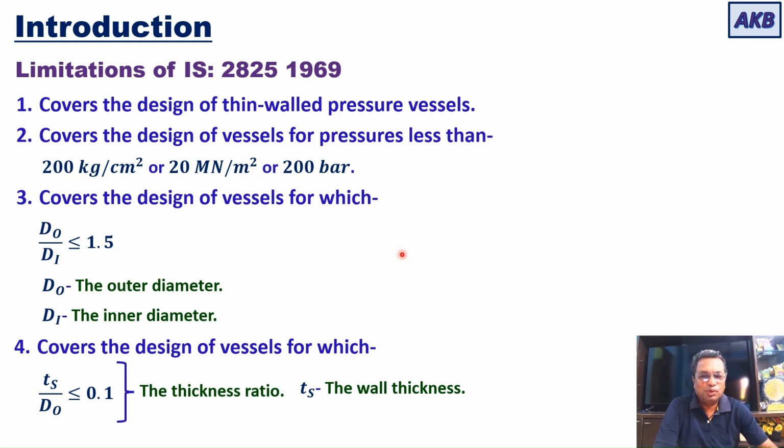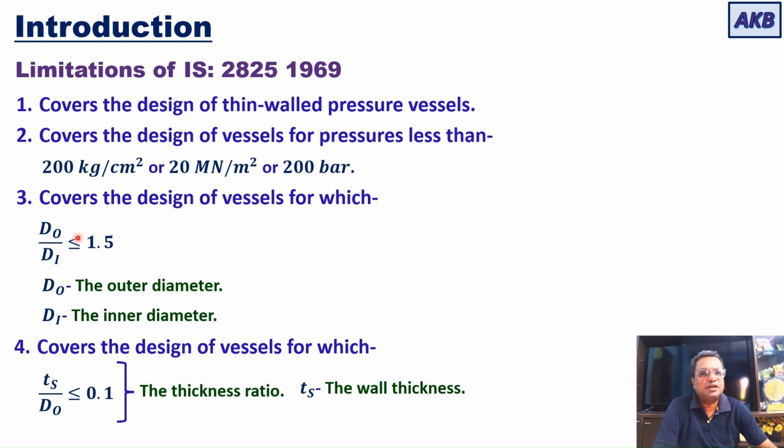Okay, so over here we have understood what are the limitations of the Indian standard 2825 1969. It is concerned with design of unfired pressure vessels. It is concerned with design of thin-walled pressure vessels. It is concerned with design of pressure vessels that are subjected to pressures less than 200 kg per centimeter square or 20 meganewton per meter square or 200 bar.